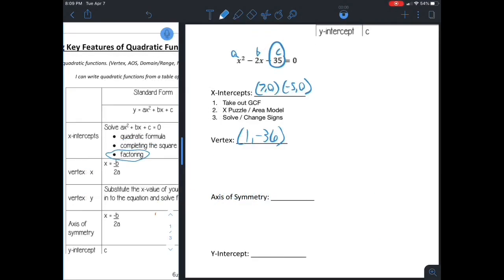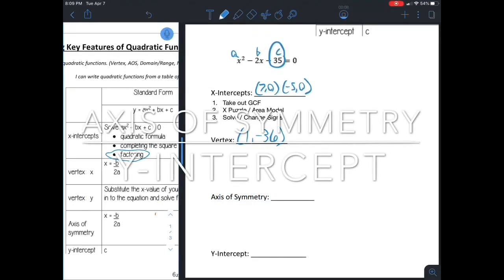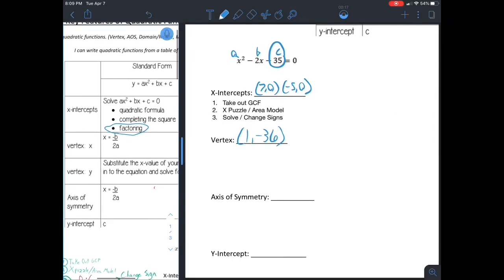Now that we've used our table to find our x-intercepts, or our roots, and our vertex, let's use it to find our axis of symmetry and our y-intercept. So looking at the table, axis of symmetry, it says x equals negative b divided by 2a. Well, that's the same thing that it said for the x value of our vertex.